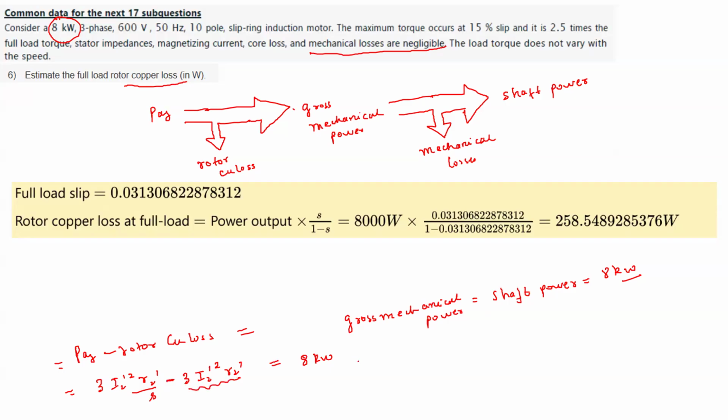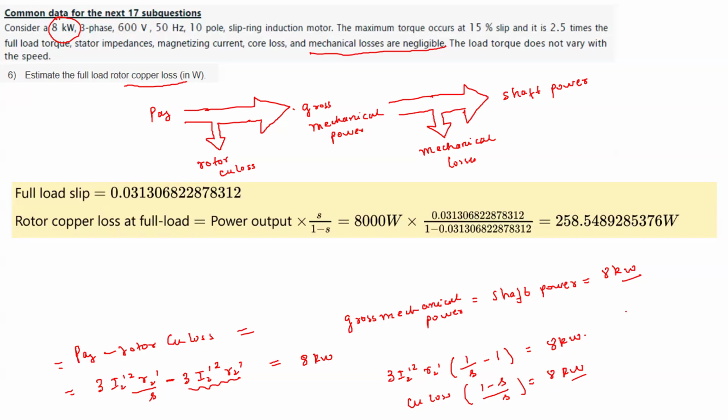If I take this 3 I2 dash square R2 dash common, then we are left with (1 minus S) by S equal to 8 kilowatt. So this is copper loss into (1 minus S) by S is equal to 8 kilowatt. So what is the copper loss and output power relation?